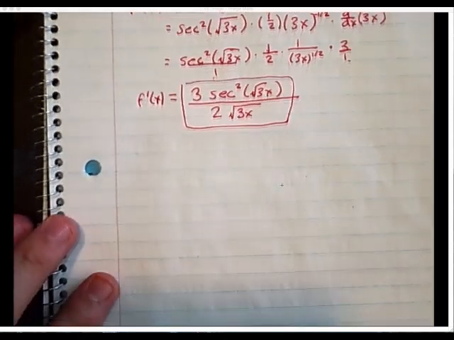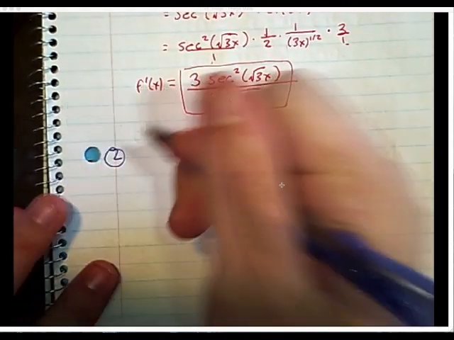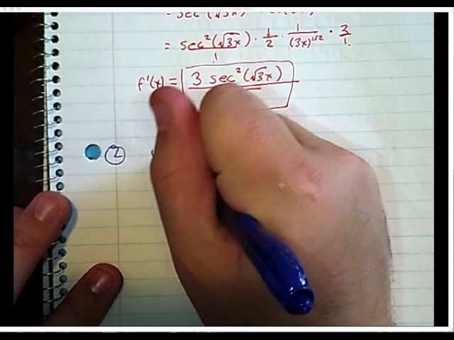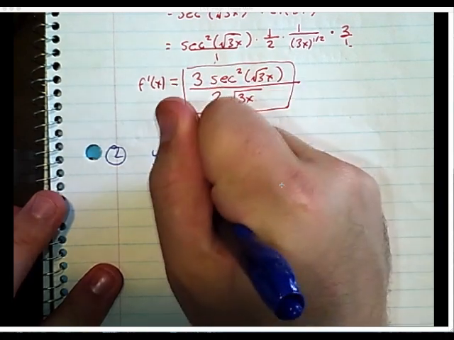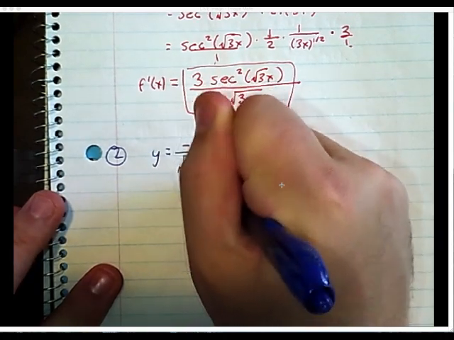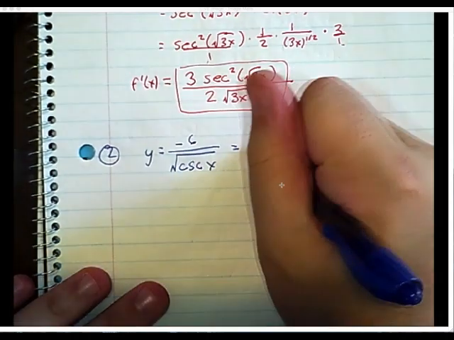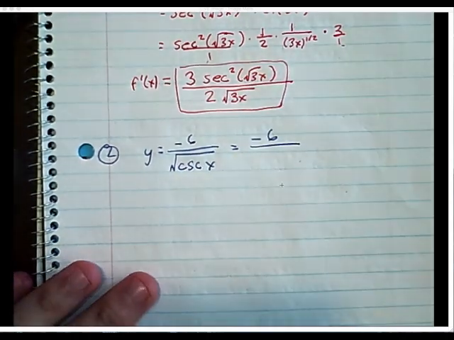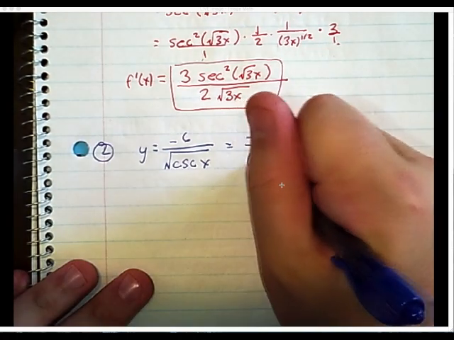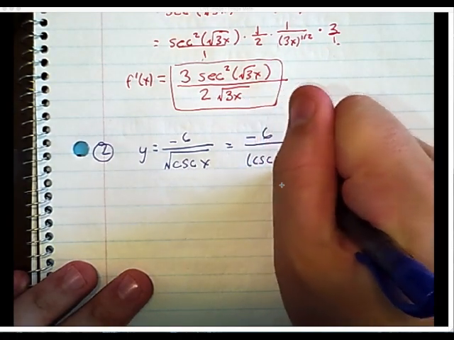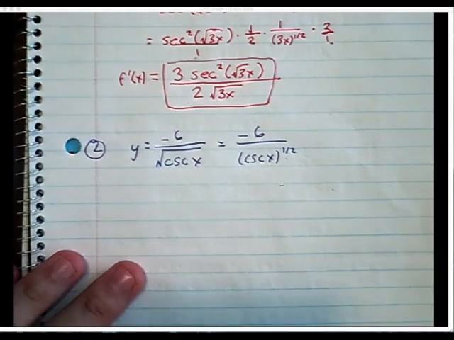Now let's try number 2. So we have y equals -6 over the square root of cosecant of x. Now let's not take derivatives yet. Let's write this in a nicer way. So this is like saying -6 over cosecant of x raised to the 1/2 power.